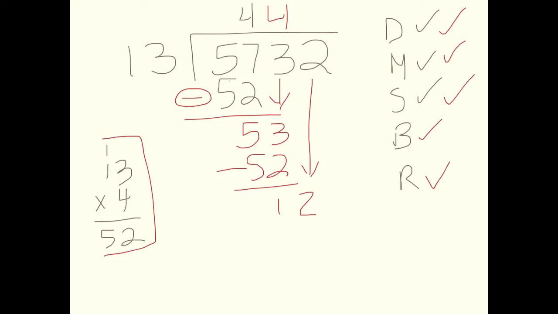Once we bring that 2 down to make 12, we can repeat our steps and see, does 13 go into 12? Well, every number in our dividend must be covered, and if 13 does not go into 12, we can add a 0. 0 times 13 is 0, and we can subtract and get 12, which will be our remainder because there is nothing to bring down and no repeat.